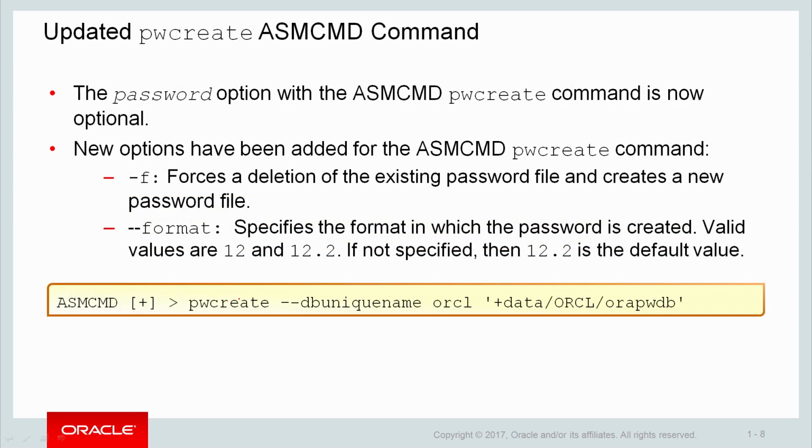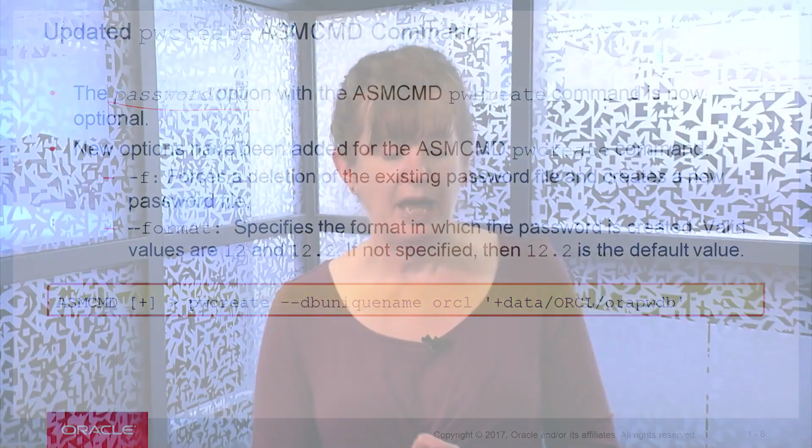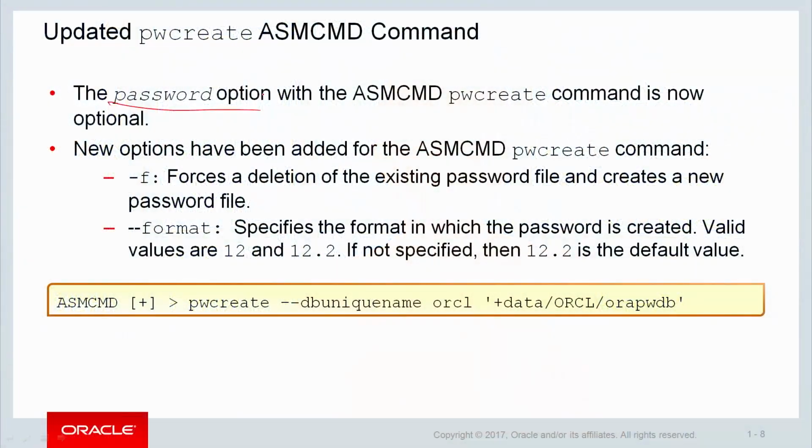Let's look at the password file again in the pwcreate ASMCMD command. Now, the pwcreate ASMCMD command had a mandatory option of password, and you actually had to specify what the SYS password would be when you used pwcreate on the command line. Now, people didn't really like this because it could be embedded in the command history.